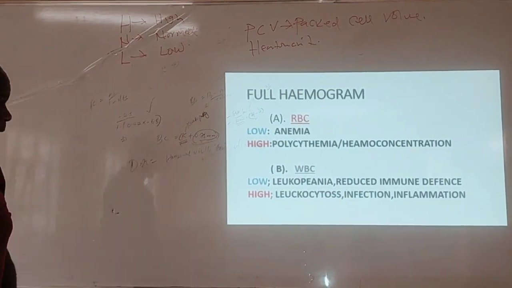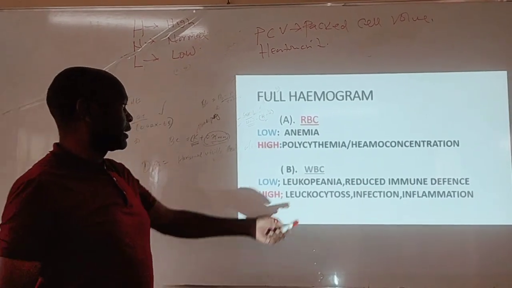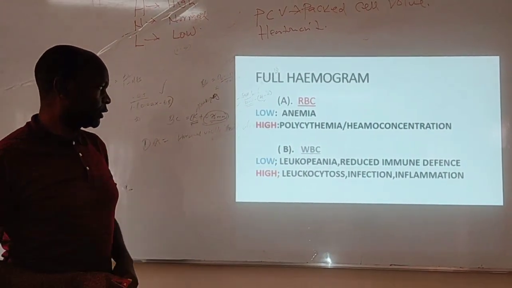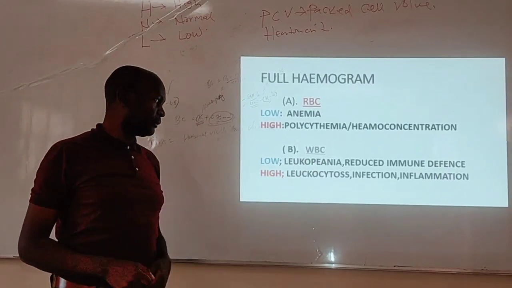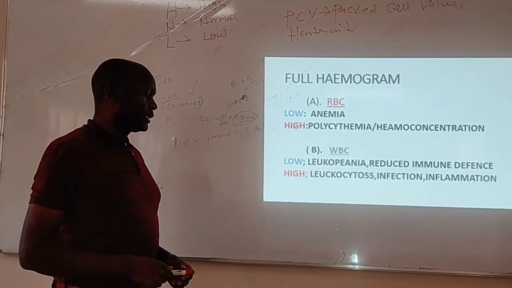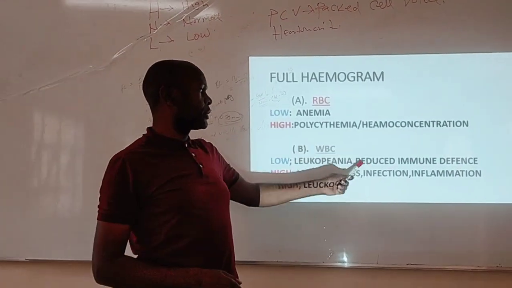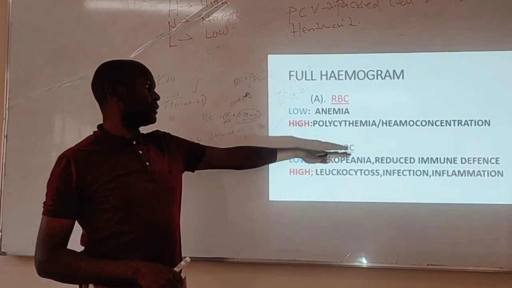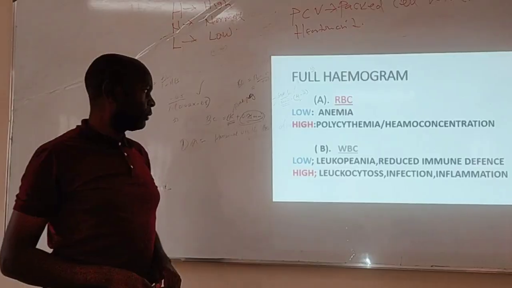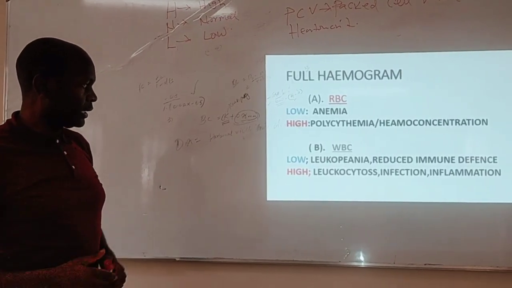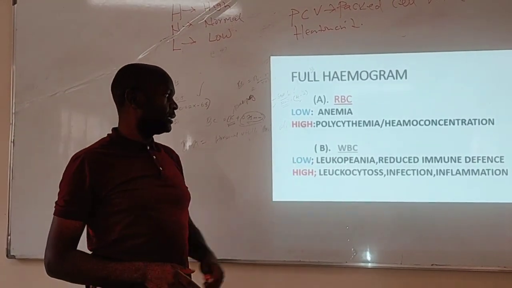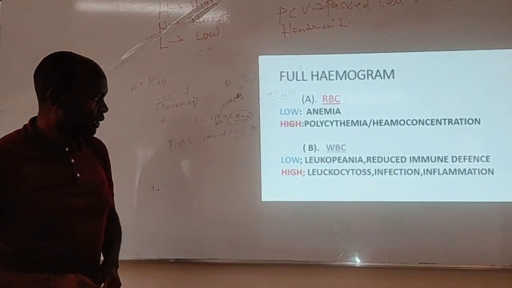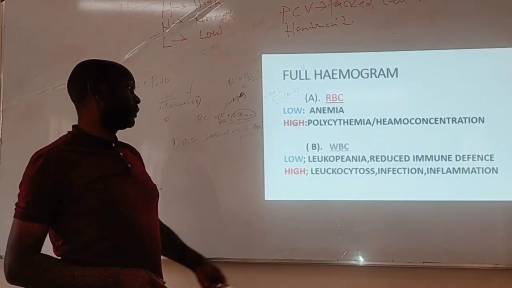When you look at the white blood cells in general, when they are low, the condition is called leukopenia, and it actually signifies a reduced immune defense of that patient. That is, when the white blood cells are generally low, then there are chances that the immune system of this patient is compromised.